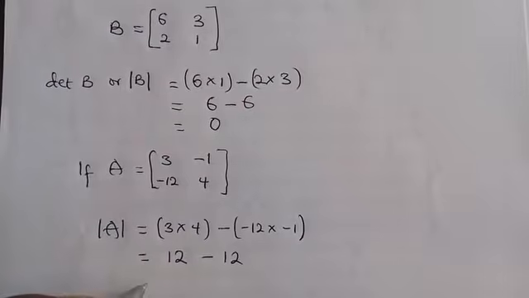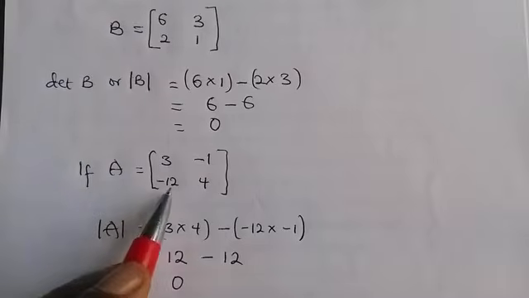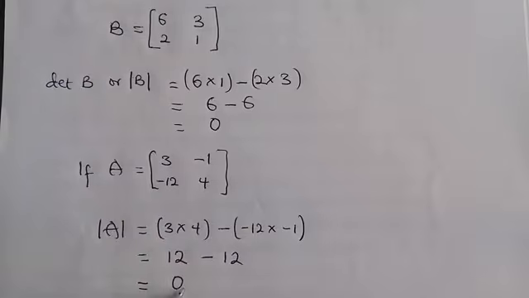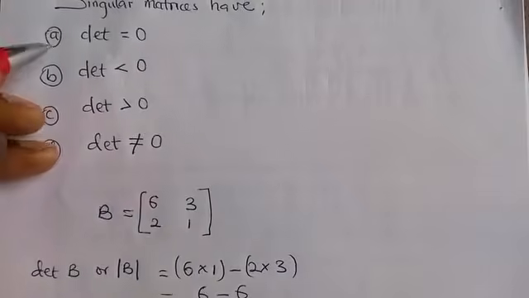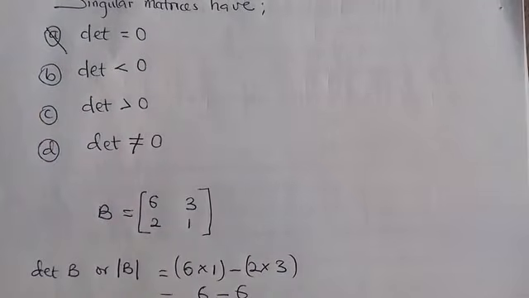And 12 minus 12, we have 0. So the determinant of this particular matrix A is equal to 0, and so this matrix is also a singular matrix. With all of this, option A becomes the correct option. So a singular matrix has determinant equal to 0.